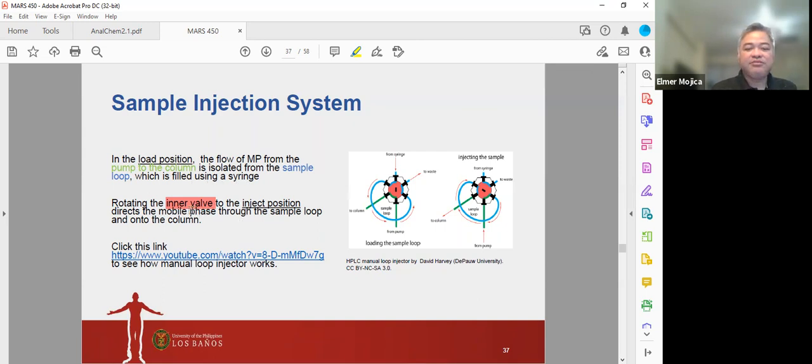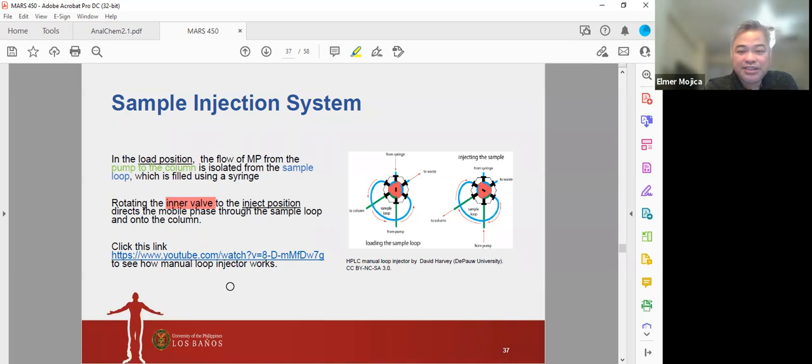And then if you rotate the inner valve to the injection position, it directs the mobile phase through the small sample loop and into the column. If you have time, I would say watch this video in the link to see how the manual loop injector works. I think it's better if you see it in real time, what is happening.